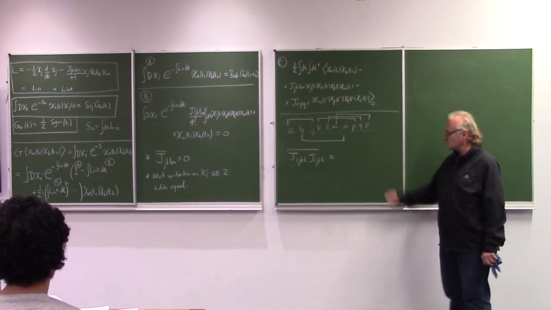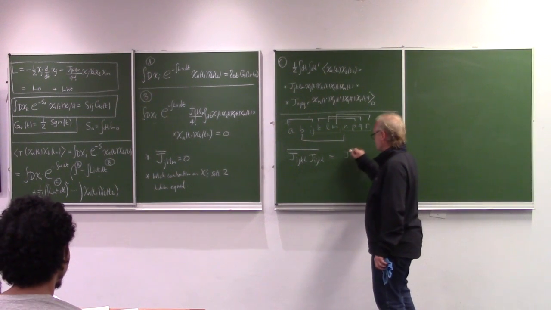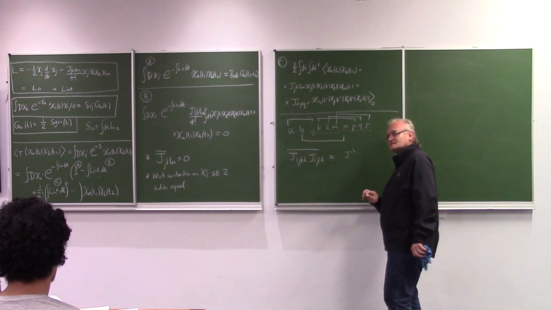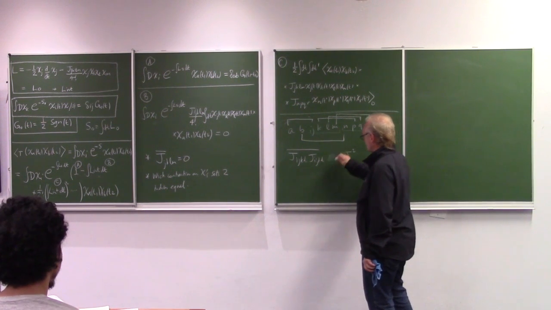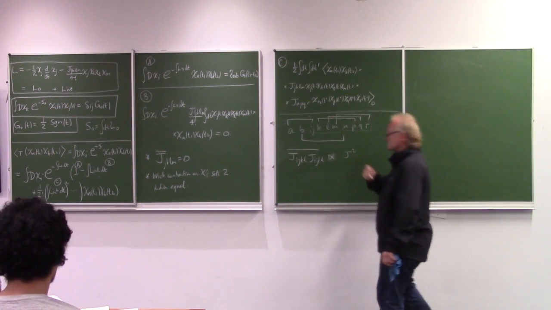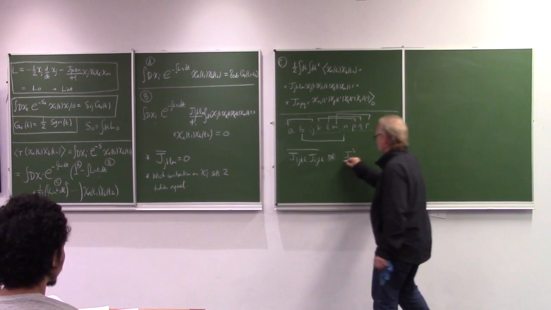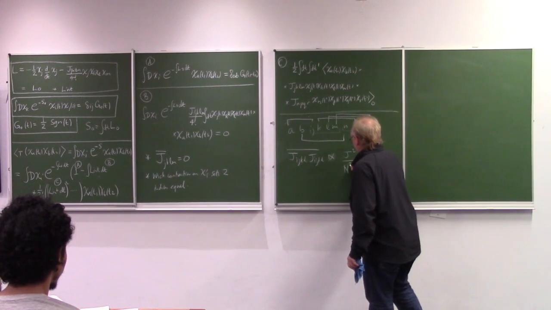There was a J squared, which was setting the strength. There was a 3 factorial, let's not worry about that. But how did it depend on n? Over n cubed. Absolutely. So this was over n cubed.